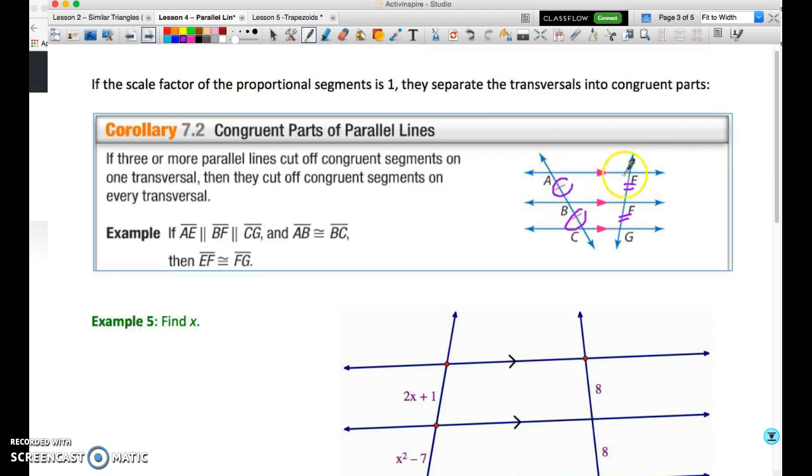Again, AB is not equal to EF. What it effectively says is if the parallel lines cut segment AC into equal pieces, they will cut segment EG, I beg your pardon, into equal pieces as well.